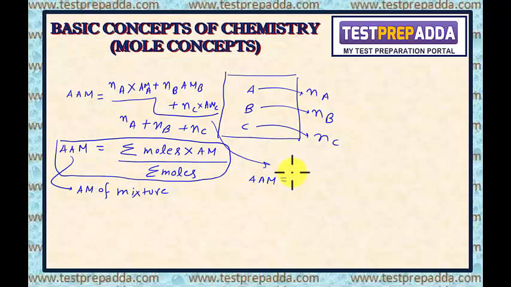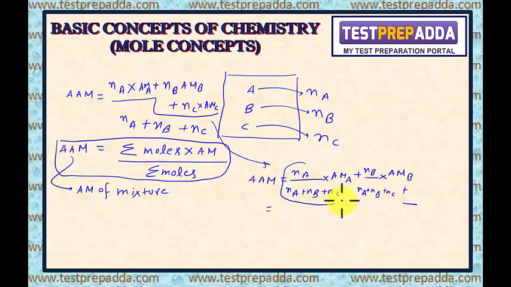Now, if you divide this Na plus Nb plus Nc, this average atomic mass can also be written as Na upon Na plus Nb plus Nc into atomic mass of A plus Nb upon Na plus Nb plus Nc into atomic mass of B plus same I can write for C. Now if you look at this, this is what?